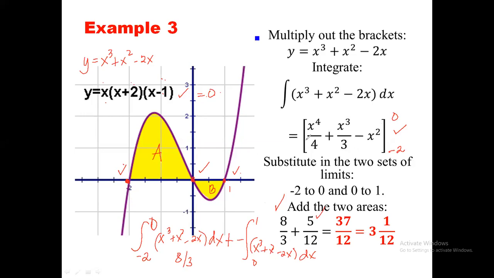So your upper limit is 1 and your lower limit is 0. Can you check whether you'll be getting 8 over 3 and 5 over 12? I give you 3 minutes for that because all you have to do is substitute the limits here. And check whether you can get an overall area of 37 over 12.